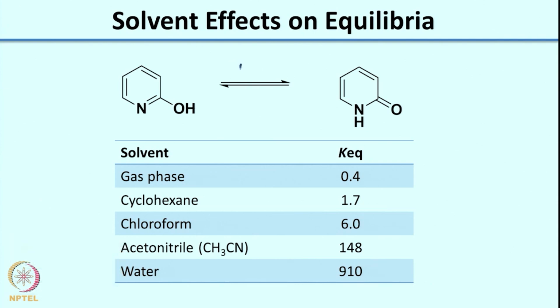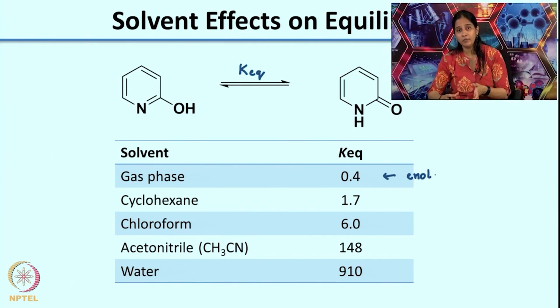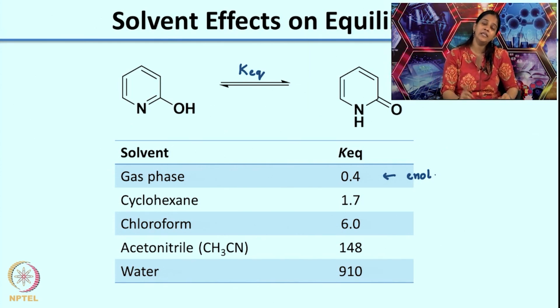So when you look at the equilibrium constant for this transformation or this tautomerization, it is quite intriguing. In the gas phase, what is seen is that you have the enol form which is the major form. So the equilibrium constant is 0.4, it is the enol form. But as soon as you put it in a solvent, it seems to shift greater towards the keto form.